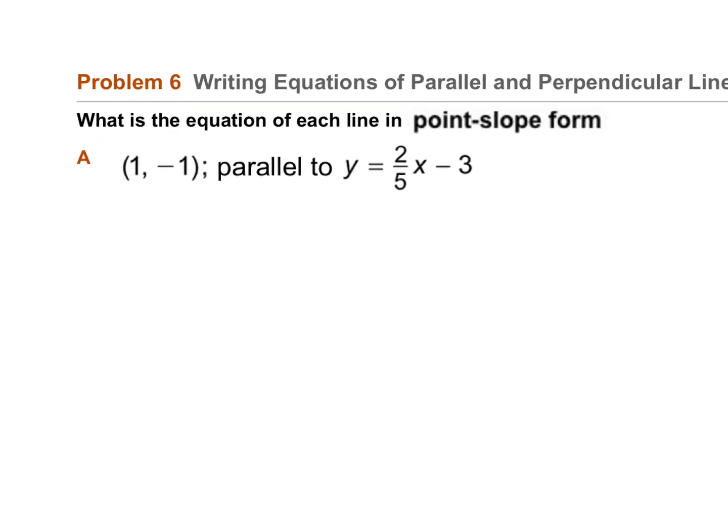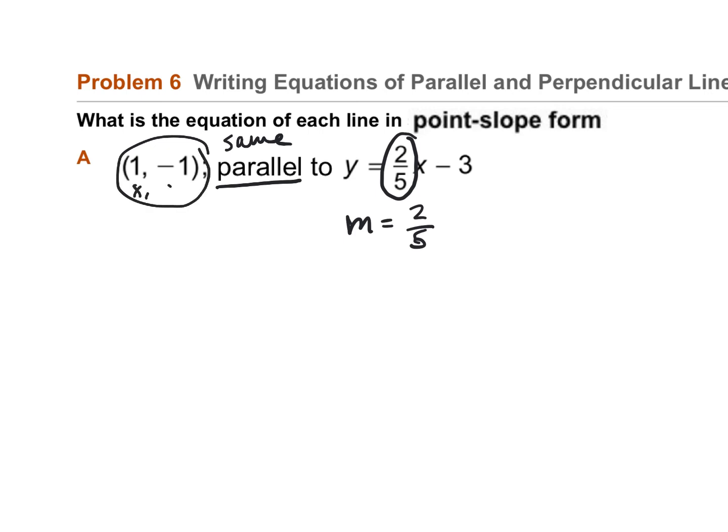Next, we're going to do the same thing. Here it says parallel, so again we know our slopes are going to be the same. So the slope of the line that we have originally is 2/5. So that's going to be the slope of our new line too, 2/5. And then it has to go through this point here. So this is our x1 and y1.